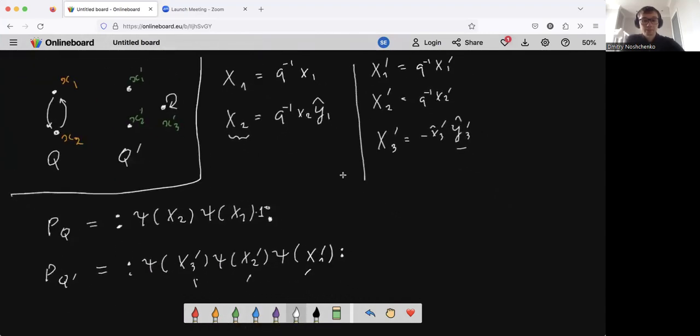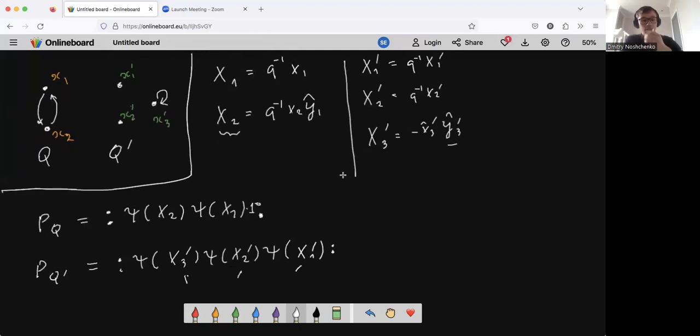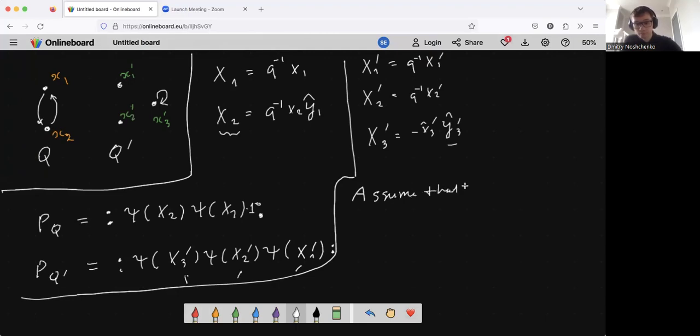And so in order now to see the relation with the pentagon identity, one has to do some substitution. One cannot simply say that this is what we want unless we make an assumption. So the assumption is as follows. We have x1 prime equals x1, then x2 prime equals x2 as well.